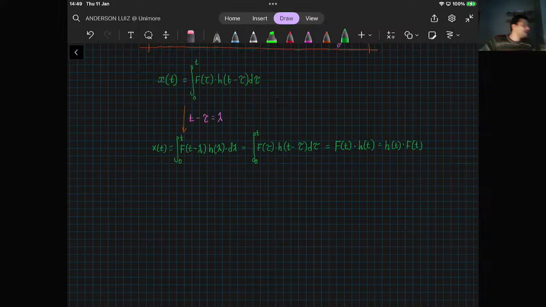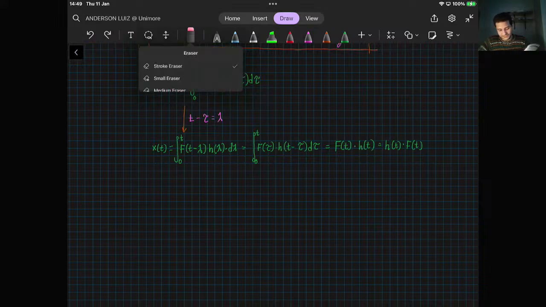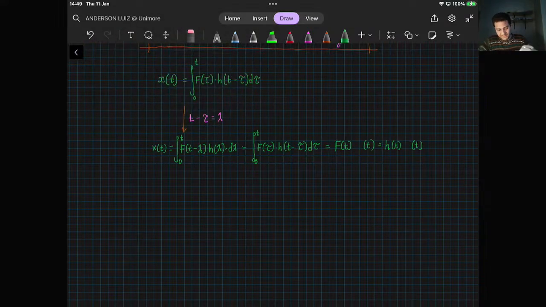The convolution symbol, I use the asterisk. I used the wrong symbol, I forgot that. This is the convolution in the compact form.